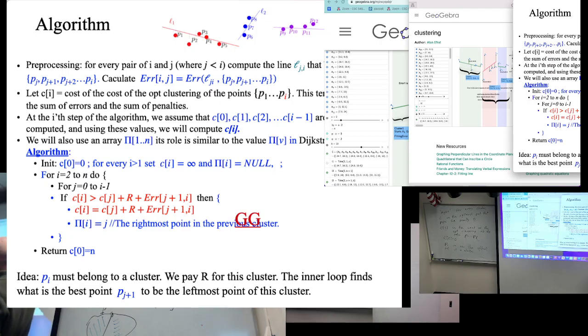And if Pi is the rightmost point of one of these clusters, then it needs to pay a cost of R. We said the rightmost point of the cluster pays a penalty for the whole, its own cluster. Even if you have just one cluster, you still have to pay R.